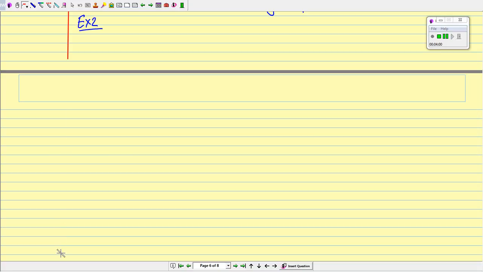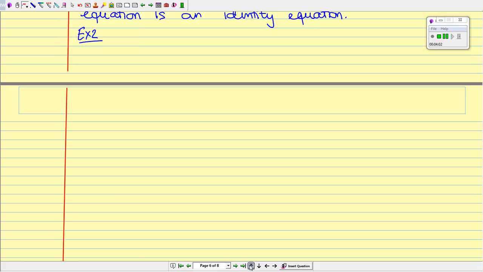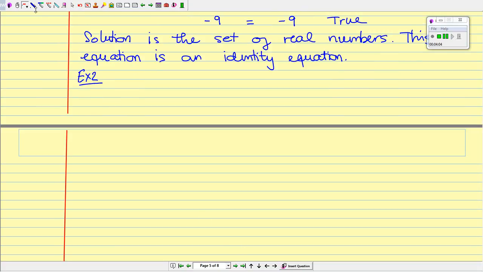So for equation number 2, the given equation is negative 4x plus 2 plus x plus 1 equals negative 4 times x plus 2 plus 11.